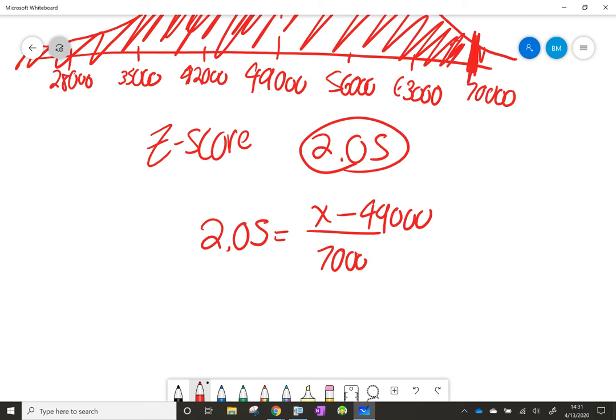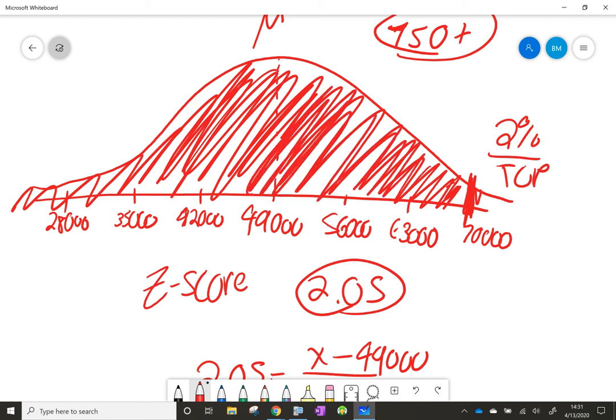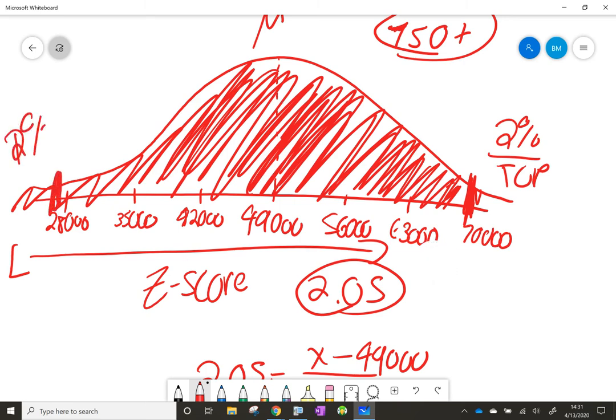So before I calculate that, let me go back and explain what we did. If it's in the top 2%, then because the way the z-score works is it calculates the area from the left side to the right side. It doesn't go backwards. So the reason why we're not looking for 2% in our graph is because 2% would be the bottom 2%. It'd be way down here.